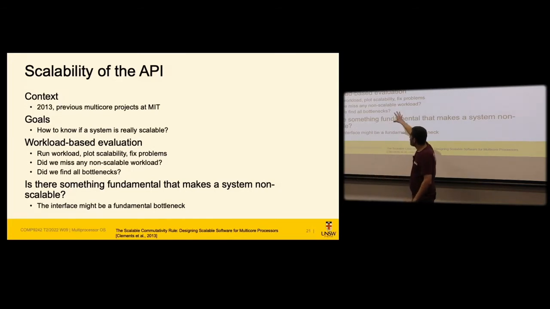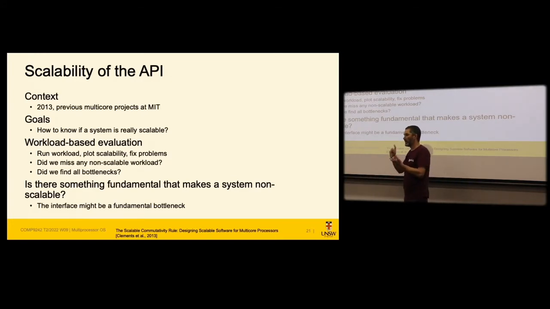Typically the way things are done is you've got this workload-based evaluation. You have a workload like MOSBench, for example. You run it, you look at the results, you figure out what doesn't scale, you find the problems, and you fix them, and then you run it again and see that it improves, which is good, but two questions come up.